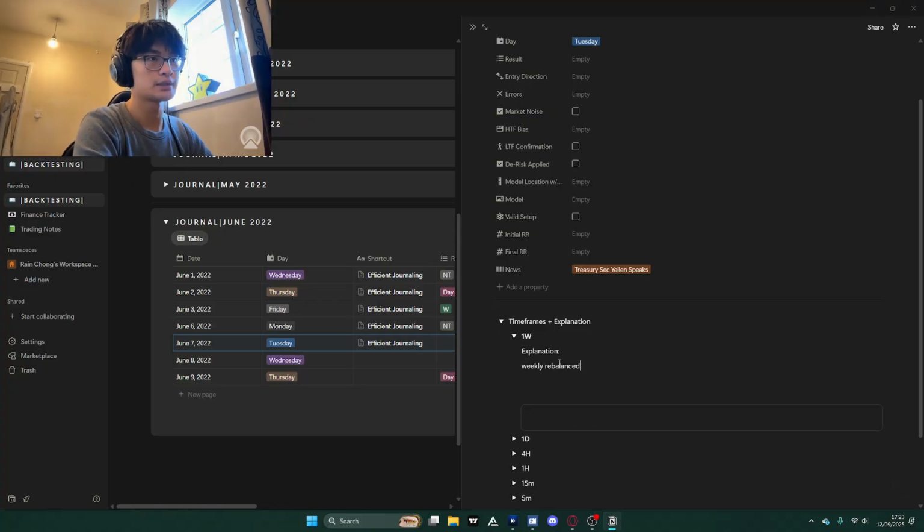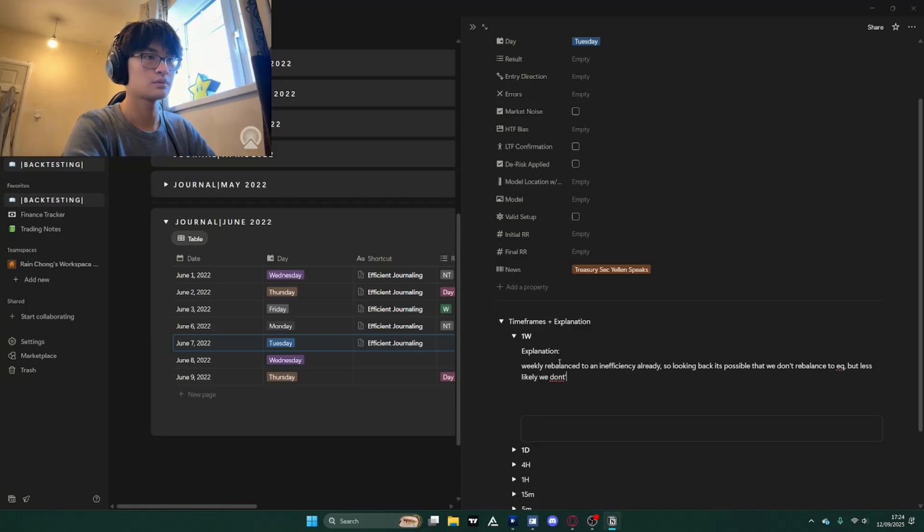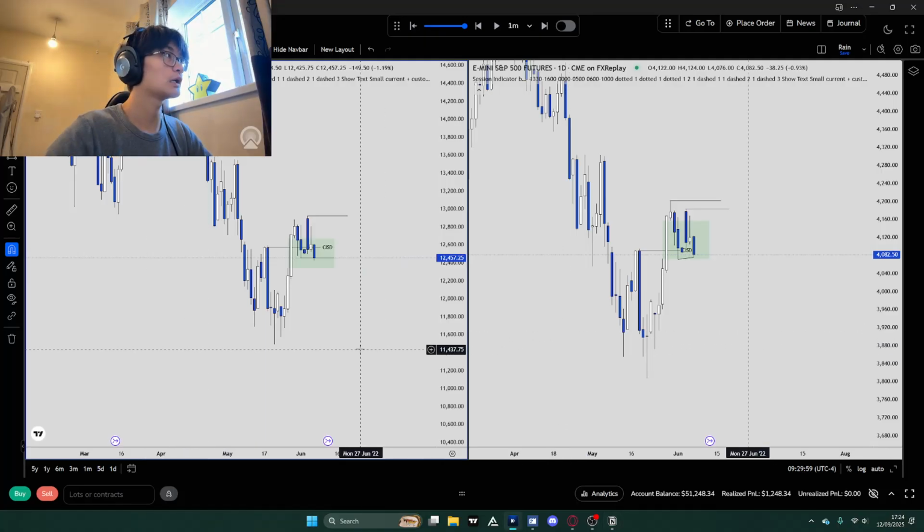Weekly rebalance to an inefficiency already, so looking back, it's possible that we don't rebalance to EQ, but that's likely we do, or we don't.